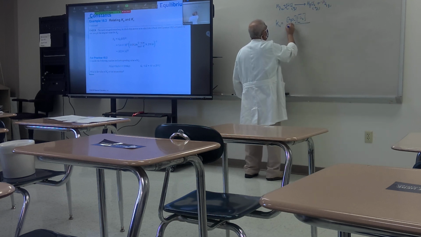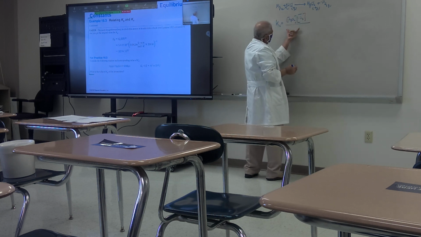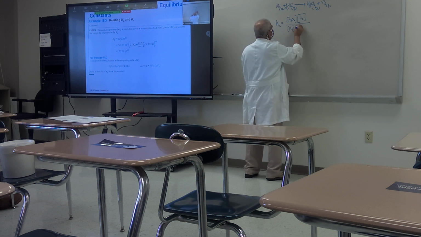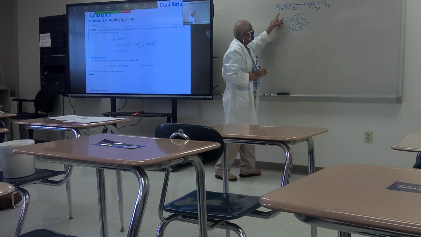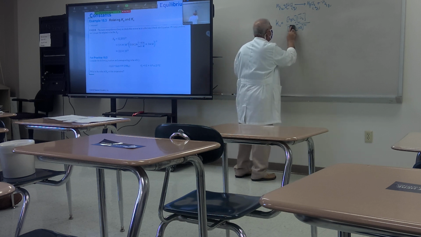And here the reactants, the denominator. You will normally write it like this, correct? HCl to the power of 2. Because magnesium is a solid, all solids will not appear in this equation.